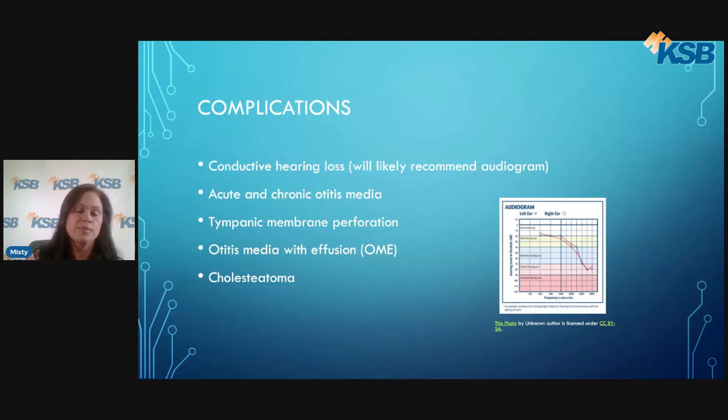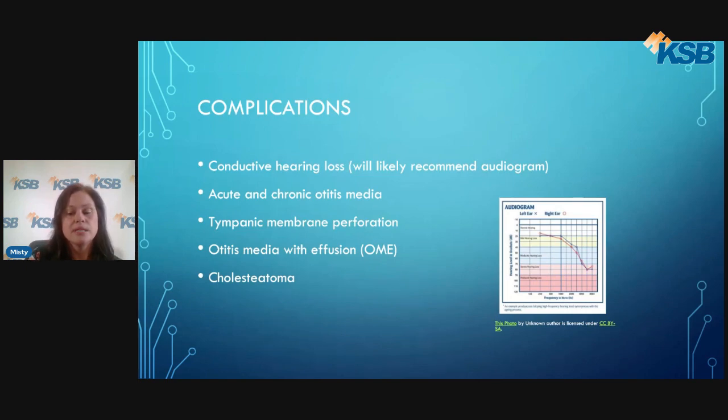Complications of untreated Eustachian tube dysfunction include conductive hearing loss, so a lot of times we'll recommend getting an audiogram; acute and chronic otitis media, which would be more infectious; tympanic membrane perforation; otitis media with effusion, where it's not infected, but there is middle ear fluid that is causing that hearing loss; and in rare cases, a cholesteatoma.